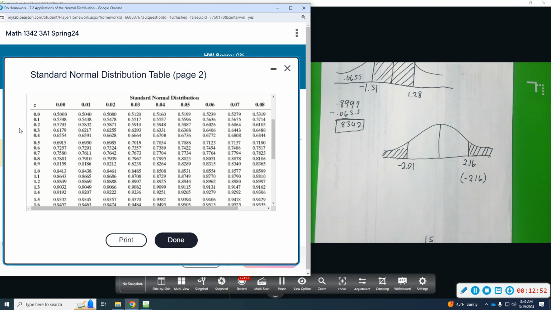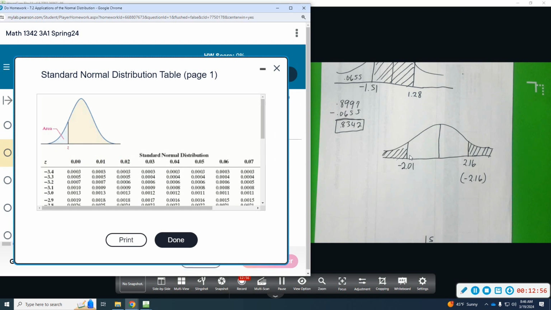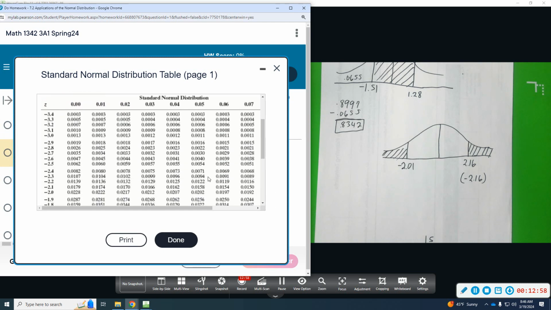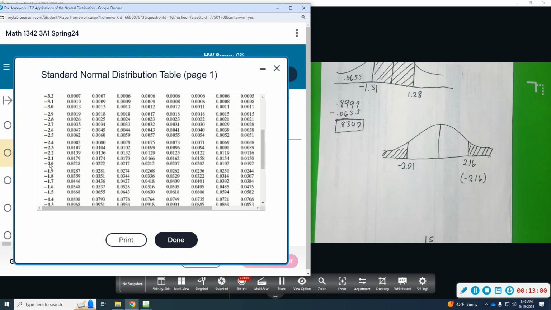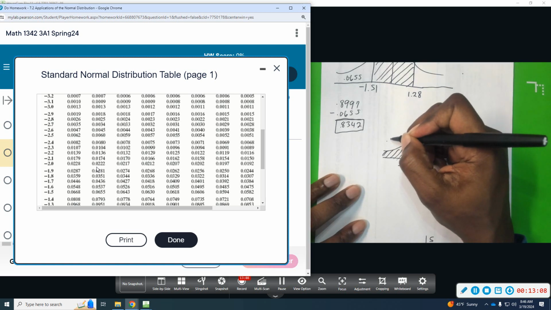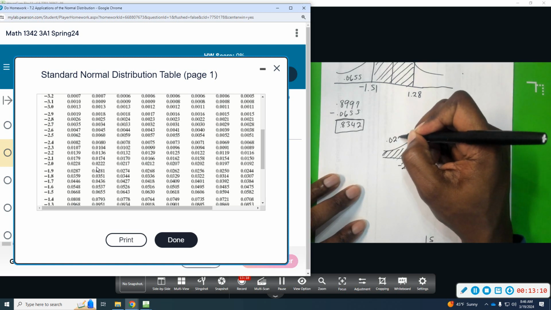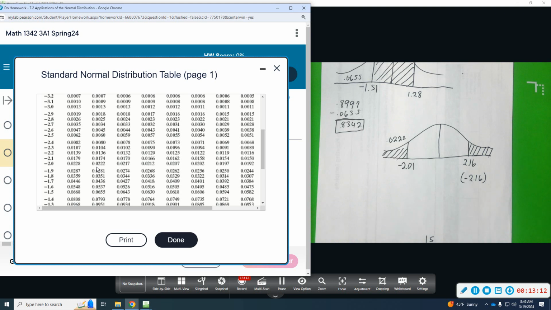So area to the left, I'm going to be on the negative chart, negative 2.01. So 2.0, that's 0, this is 1. So 0.0222. So this area right here will be 0.0222. All right, and then the area to the right of this number is the same as the left of its opposite.